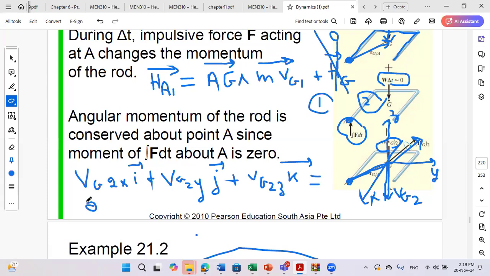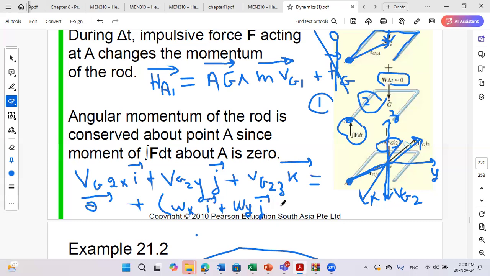So 0 plus omega vectorial AG. Omega has three components, omega X in I plus omega Y in J. But from the previous system, okay, we know that omega Z is 0. So we can just replace omega Z directly by 0.